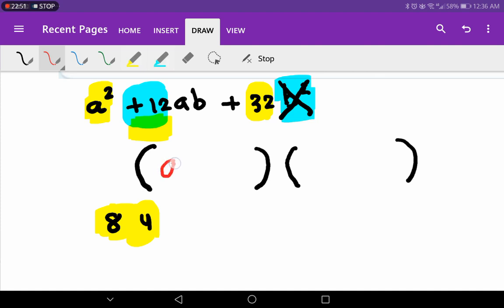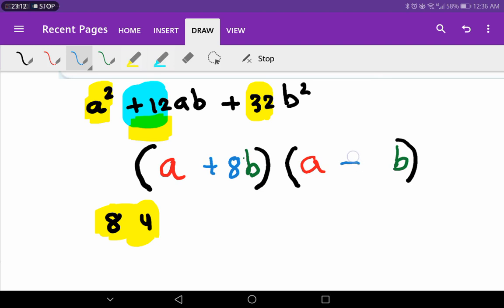So A, now recall the B. B here and B here. Now the 8 and the 4, positive 8 and positive 4, sorry. Forgive me, my dear students, it happens. So positive 8 and positive 4.